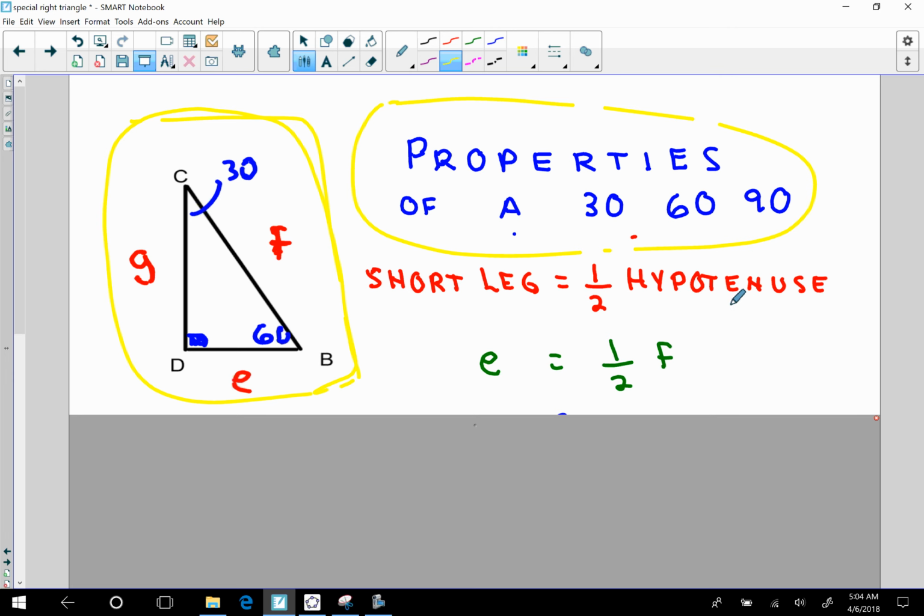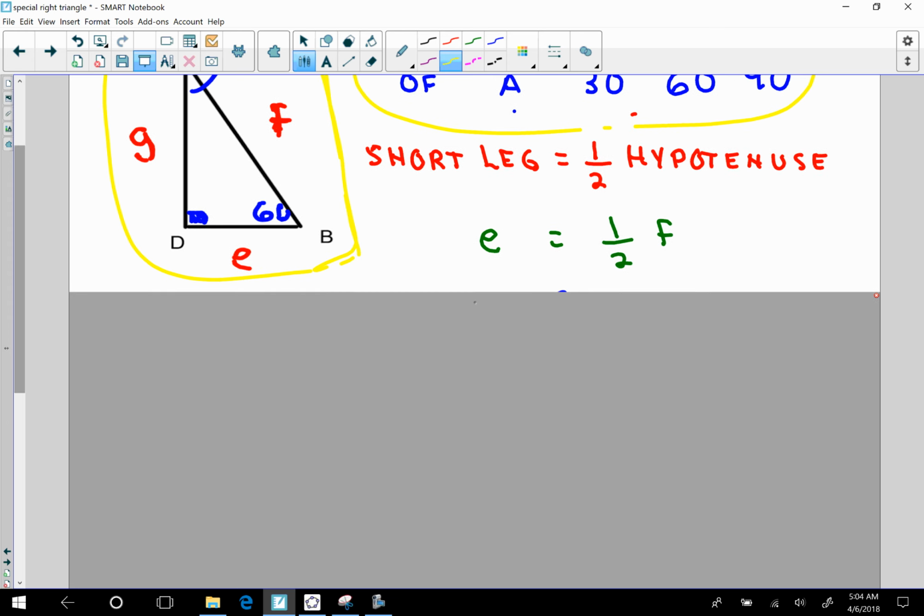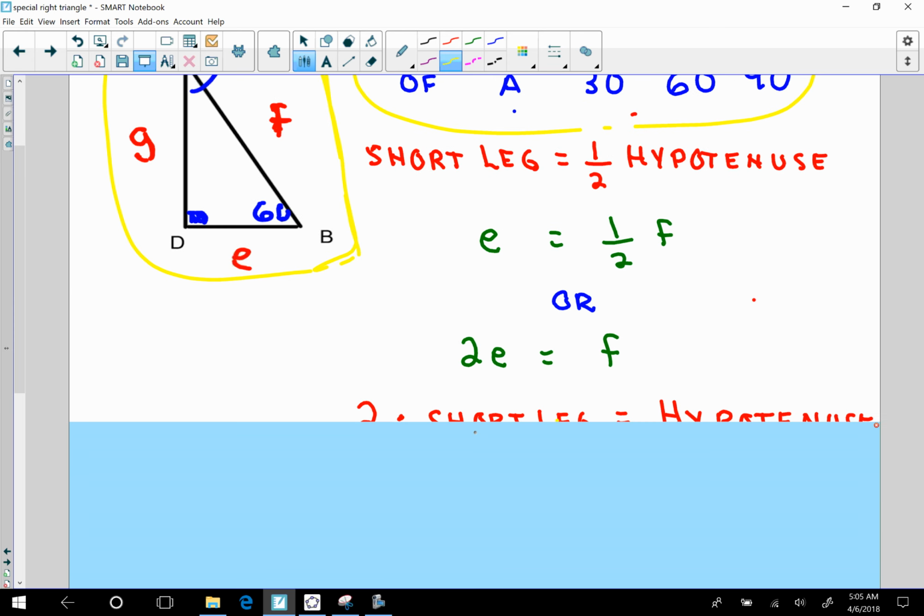Property of equilateral triangles. What else do I know? I also know that, because of algebra, if I multiply both sides times 2, 2E is equal to F. So 2 times the short leg is the hypotenuse.